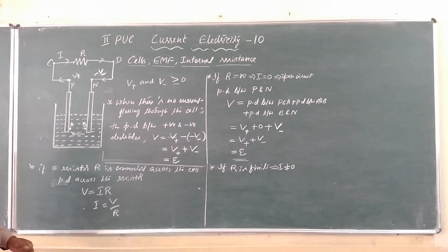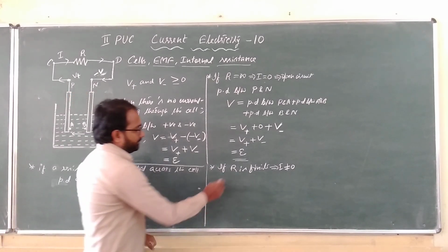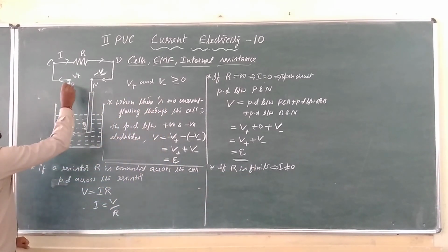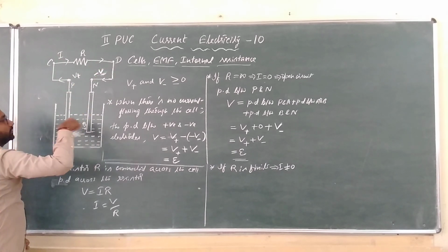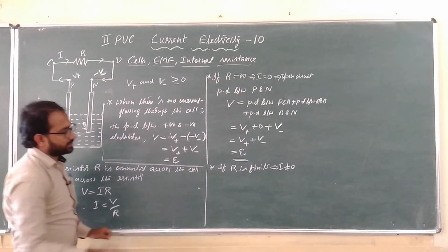Okay, so now what is the potential difference between P and N? If R is finite, current starts to flow through the cell and through the external resistor.